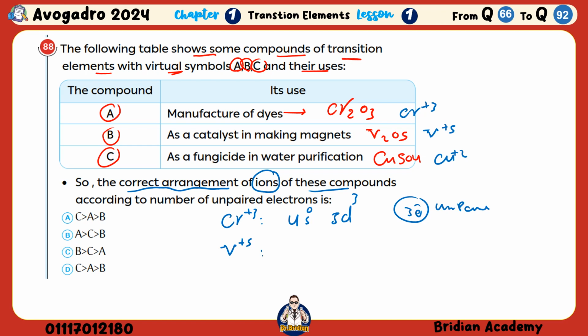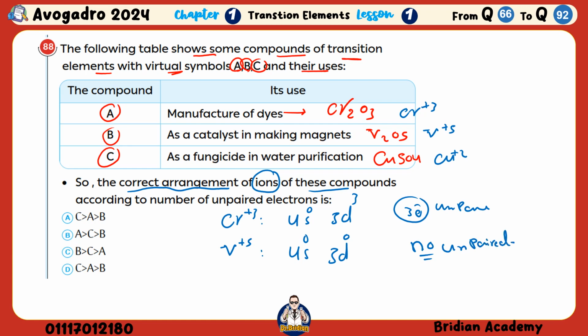V5 oxidation state will lose all electrons. We know the atomic state electron configuration for vanadium is 4s2 3d3. In case of V positive 5, it will be 4s0 3d0. So it has no unpaired electron.